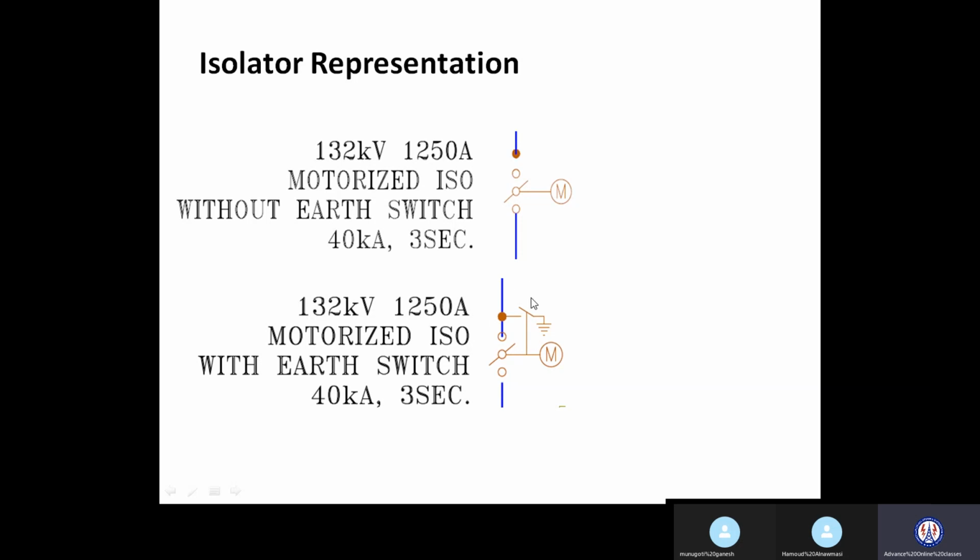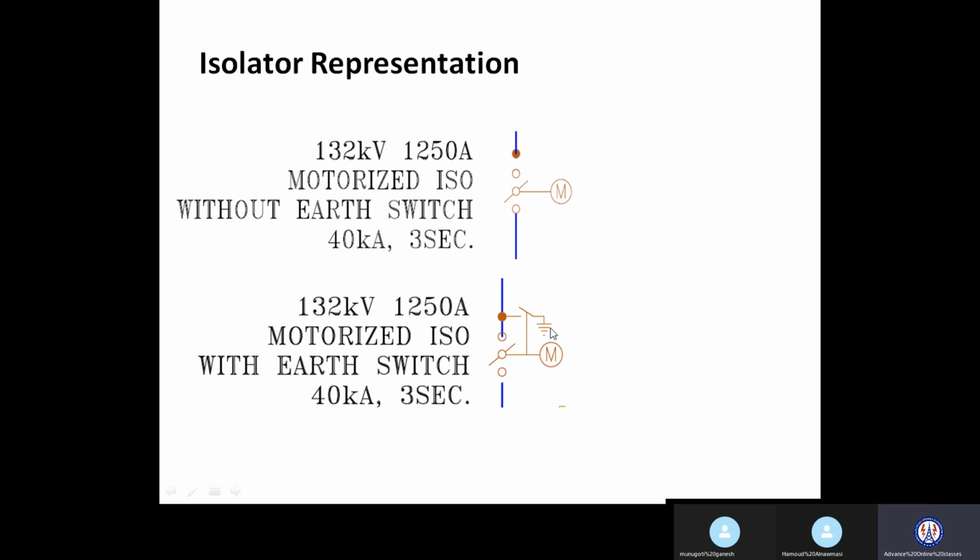We use the earth switch for safety purposes. Somewhere we use the earth switch with the isolator, and somewhere we do not. How the earth switch position and quantity are decided, I will guide you once we learn the complete single line diagram.